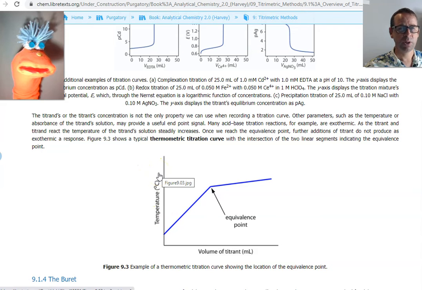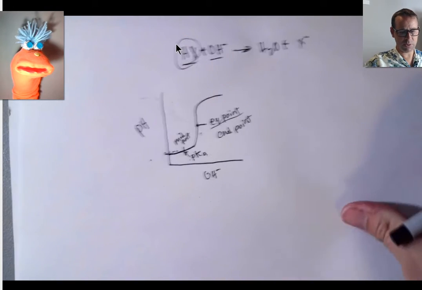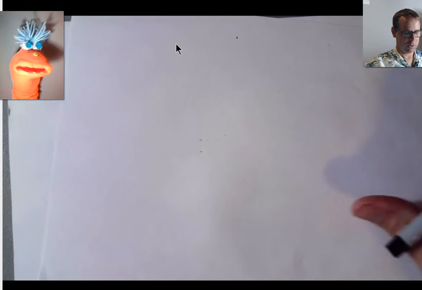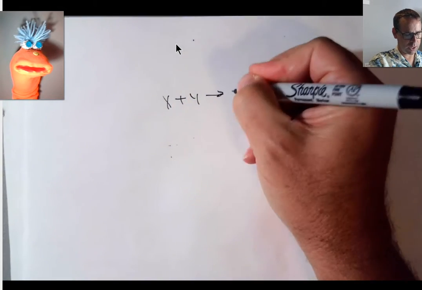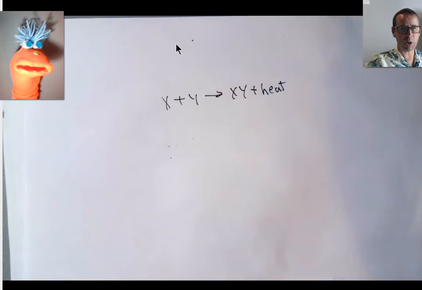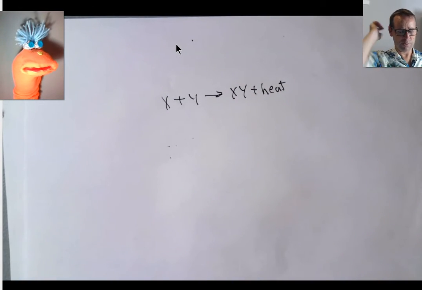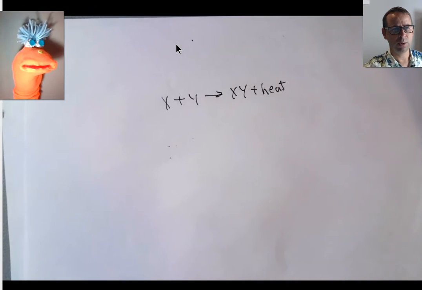So for example, let's do a more general example of a titration. So if I have X combining with Y, and this process has heat as a product, right? When we say heat as a product, what are we alluding to?